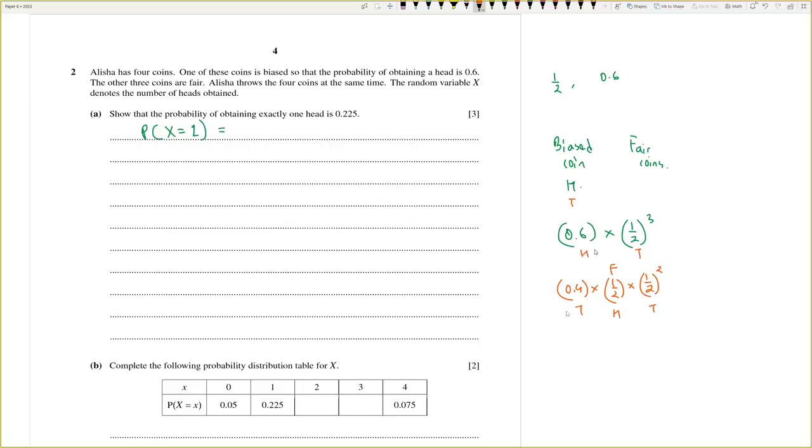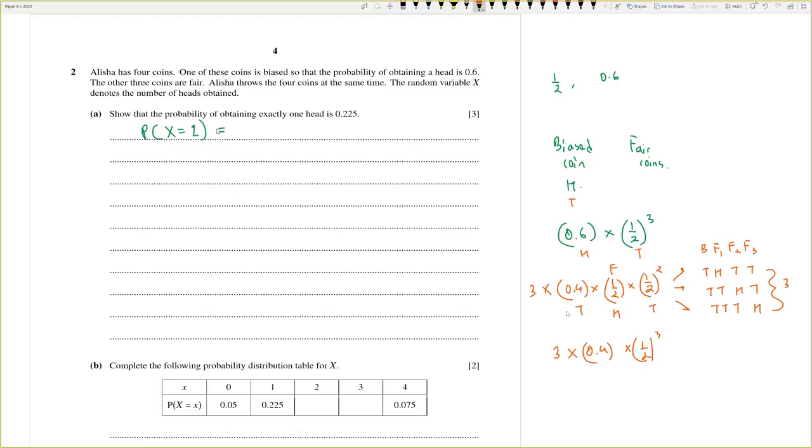However, this can occur in many combinations. Okay, what do I mean by that? Check this. So you have the biased coin, fair coin 1, fair coin 2, fair coin 3. Can't it be like this? Tail, head, tail, tail, or tail, tail, head, tail, or tail, tail, tail, head. So in total, there are 3 possibilities of this occurring, which is why we have to multiply 3 with this thing. So we end up with 3 times 0.4 times a half cube.